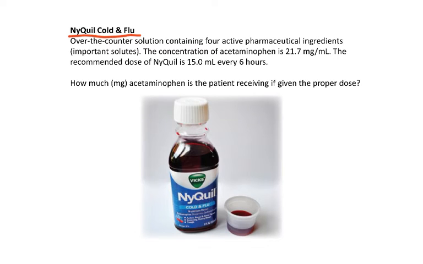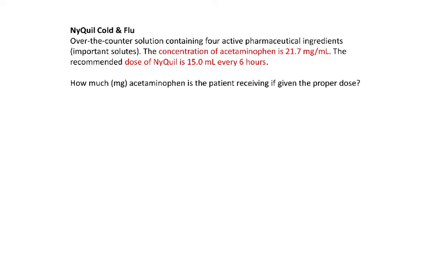Okay, and in all these questions, by the way, we will introduce the question and then at any point you should pause it and work through this on your own, and you can always come back and see the work here. I want to first highlight the important pieces of information in the text of the question. The important pieces of information are the concentration and then the volume, the recommended dose of 15 milliliters.